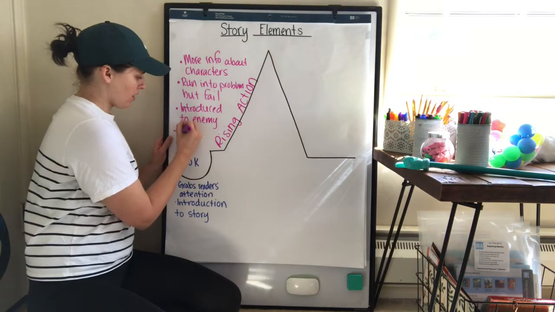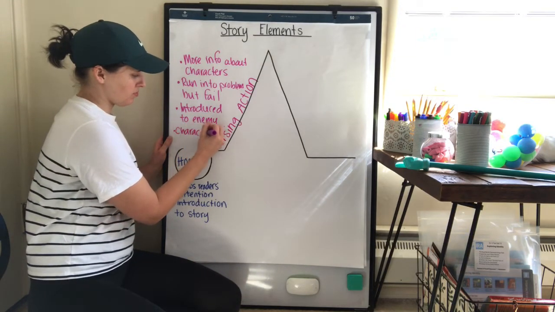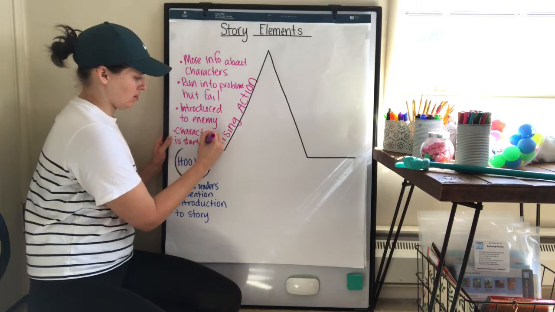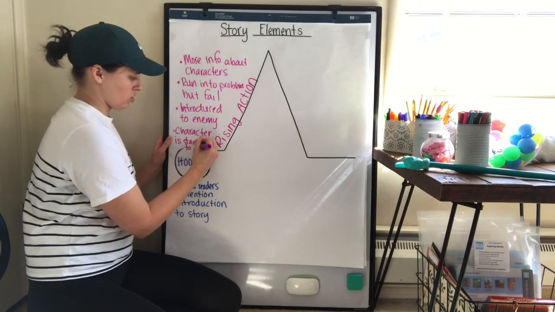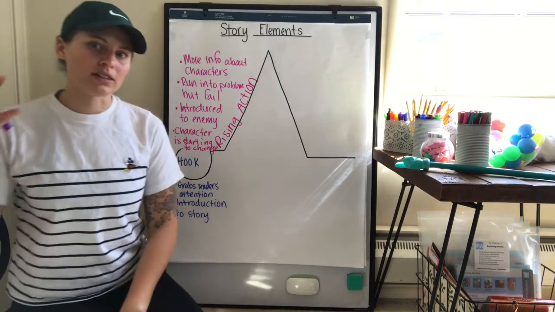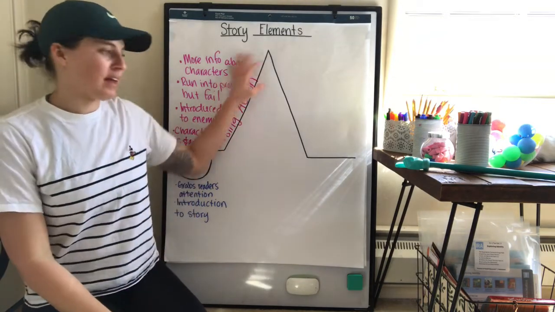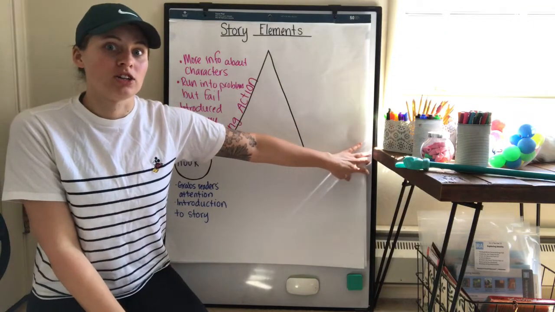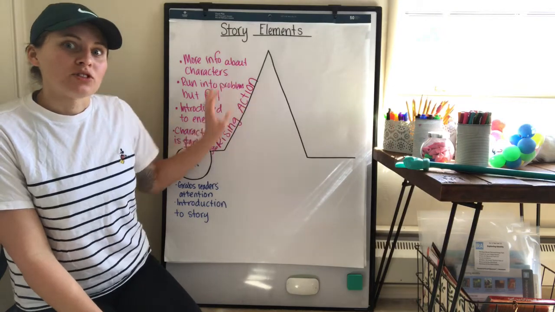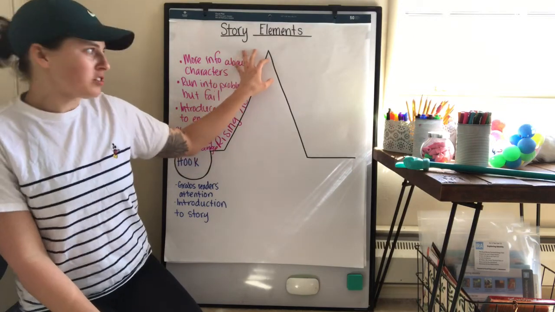And maybe our character is starting to change. Maybe their outlook on things is starting to kind of change. By the end of the story, maybe it'll have changed a lot. Just right now, we're just kind of getting into the good part of the story, right?